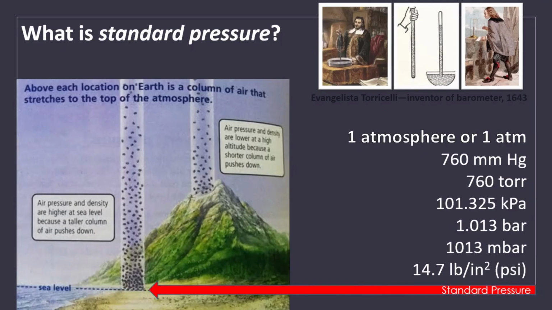Standard atmospheric pressure is 760 millimeters of mercury or 760 torr. As long as he had this column taller than 760 millimeters, which is about 29.9 inches, it would have some space up here.